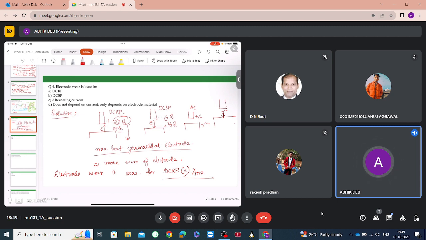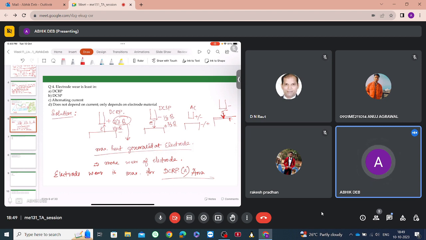In this potential field, since it is being attracted towards a positive terminal, the electrons will get accelerated towards this positive part, and they will develop a kinetic energy. When the electron strikes this material, this kinetic energy will get transferred to heat, the thermal energy, which will be required for melting the material.